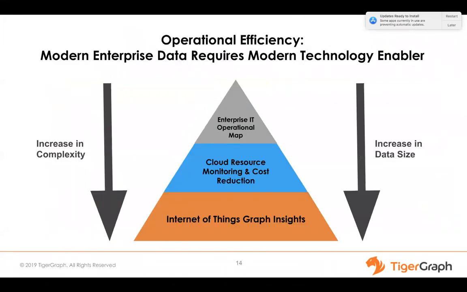To improve the operational efficiency, modern enterprise data really requires a modern technology enabler. As we're looking at the problem space from the enterprise IT operational map to the cloud resource cost reduction, as well as getting the graph insights from Internet of Things networks, this increase in complexity and data size requires a modern graph platform to give timely insights.